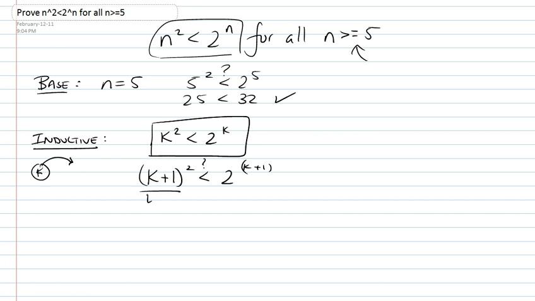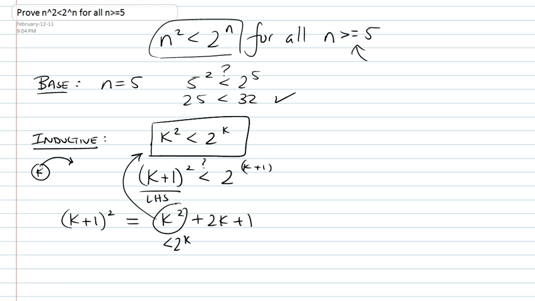So let's start from the left-hand side. The left-hand side is (k+1) squared, which is equal to k squared plus 2k plus 1. And of course, if we look at our induction hypothesis, we see that k squared is less than 2 to the k, and that was our assumption at the beginning, and we can assume that it is true. So we're going to replace that, since we know this is less than 2 to the k.